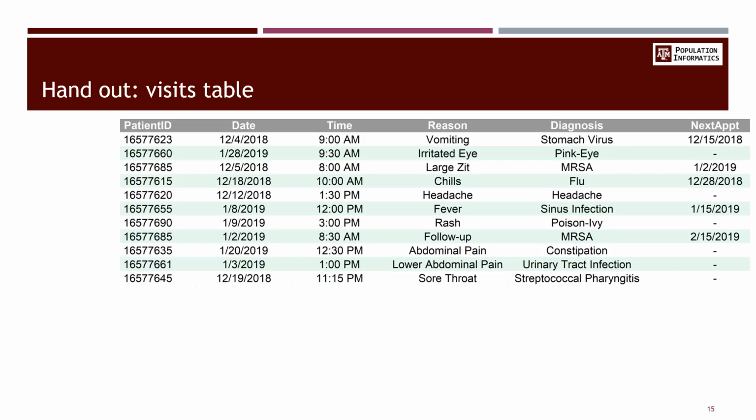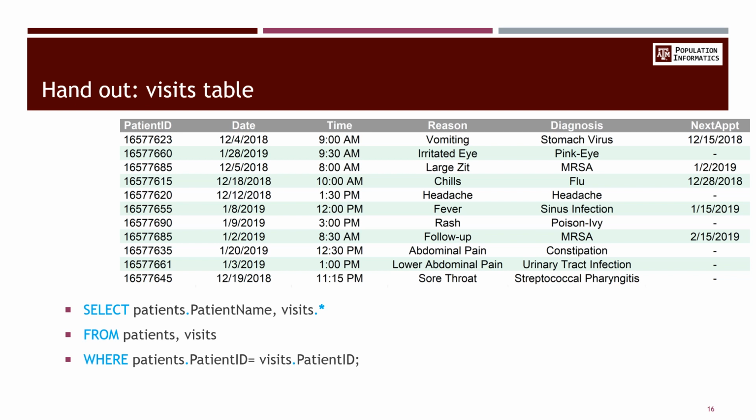Now, let's try another example with 2 tables. Here is part of the visit table. Note that there is a foreign key from the patient table called the patient ID in the visit table. Using the patient ID, we can join the patient table with the visit table to get the names of patients for a particular visit using this SQL query.